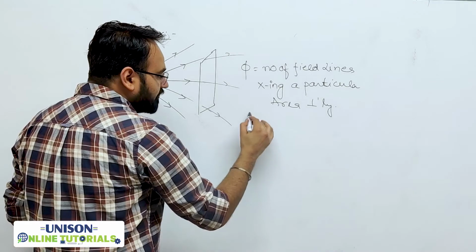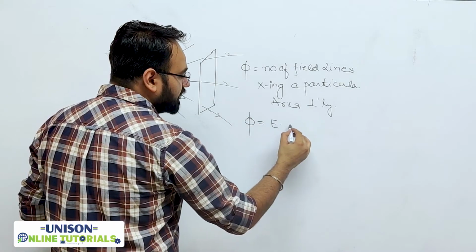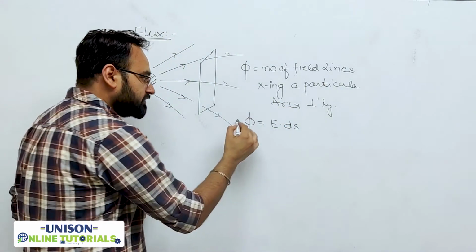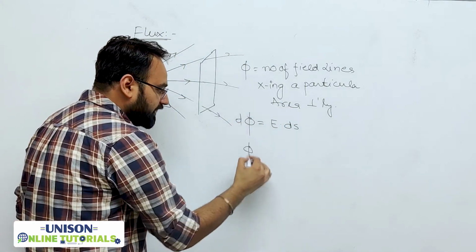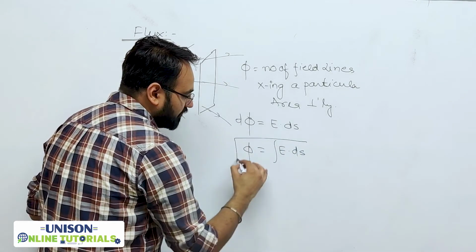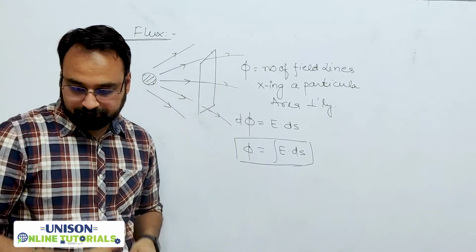Mathematically, electric flux is nothing but E dot ds. Now ds is a small area, and this is d phi, and to write the complete flux, it will be the integral of E dot ds. This is the formula for electric flux.